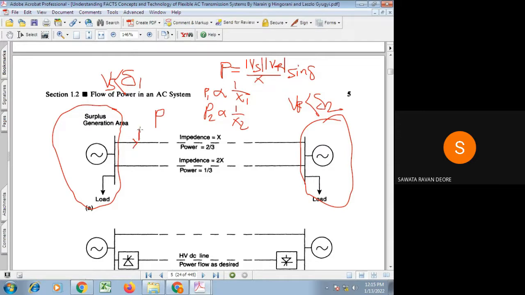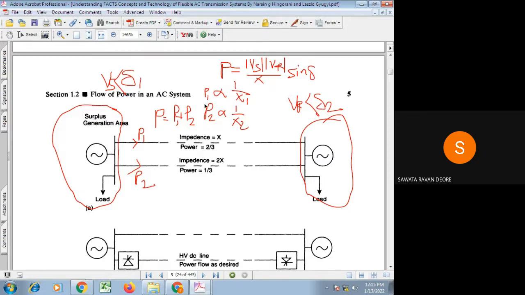We can call this P1 and this P2, where P is equal to P1 plus P2. So the P flowing is decided by the operation of those regions, and how that P gets shared among the two lines as P1 and P2 is decided by the reactances of those lines.